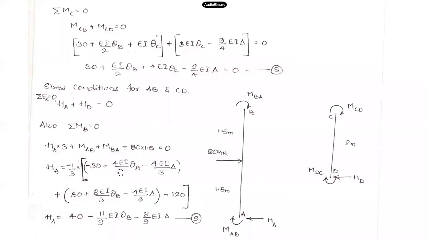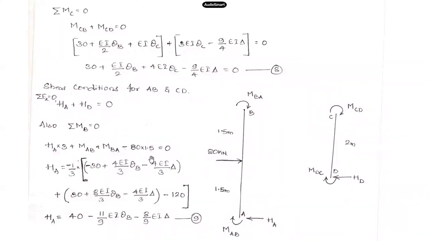I've simplified this term. I've taken all other terms except HA to the right hand side. So what I'll get is minus 1 by 3 into this entire term, which is MAB: minus 30 plus 4EI by 3 into theta B minus 4EI by 3 into delta. And this entire term is MBA: 30 plus 8EI by 3 into theta B minus 4EI by 3 into delta.